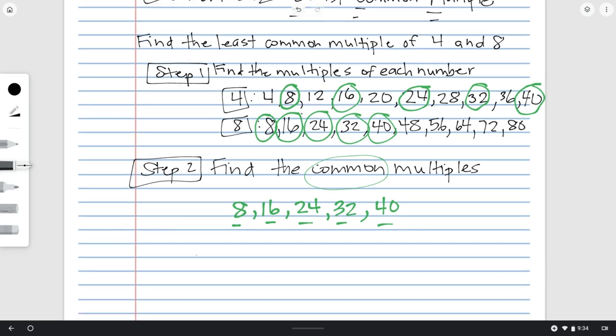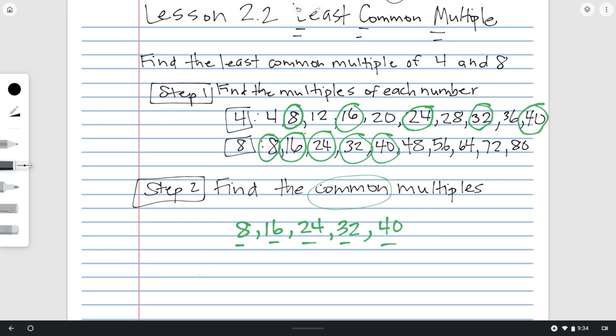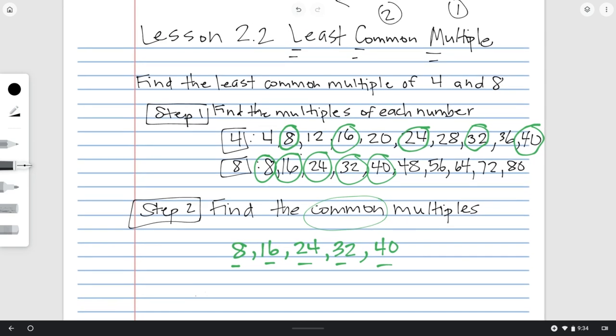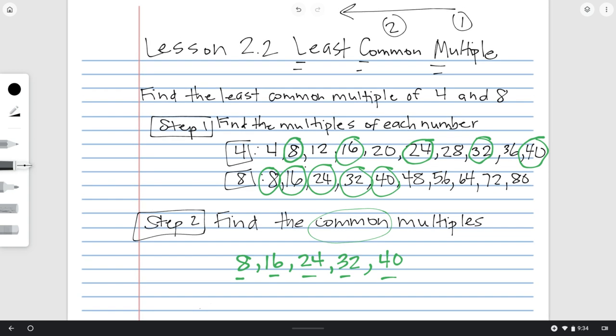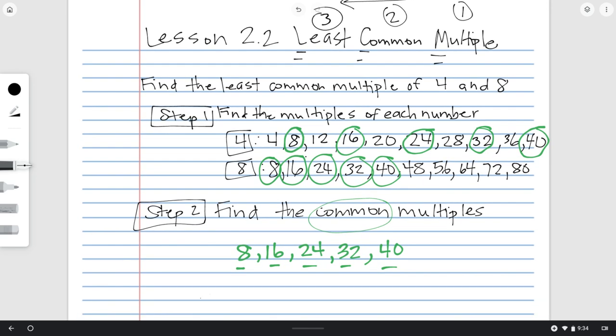So let me review before I continue on. So we are looking to find the least common multiple, the LCM. In order to do that, I kind of go backwards in the wording of least common multiple. So I always find the multiple first, then find what's common, then look to see which one is the least. That's going to be step number 3. So the first thing it asked us was to find the least common multiple of 4 and 8.